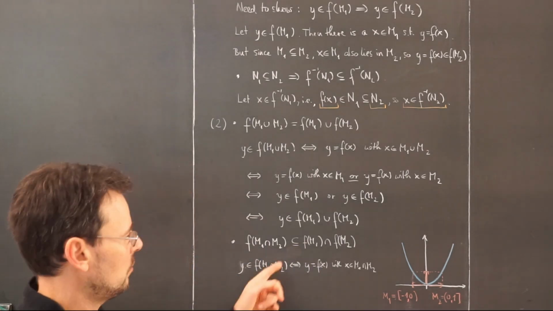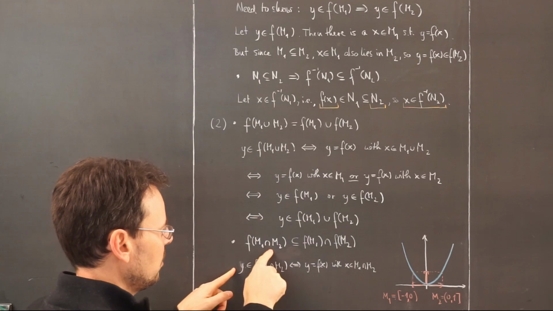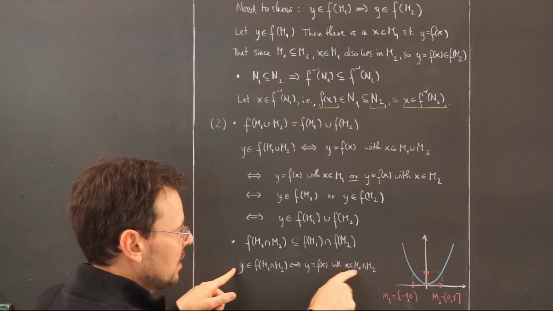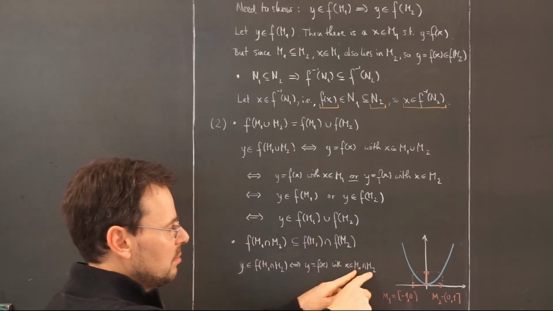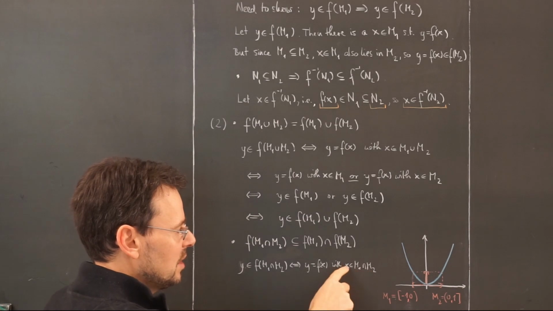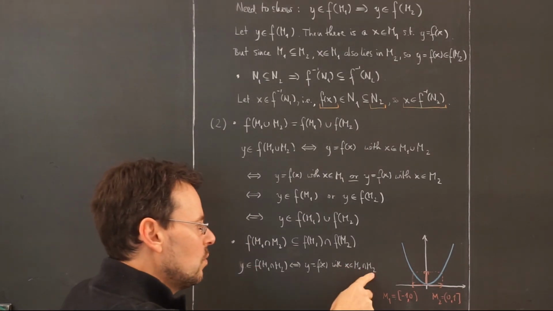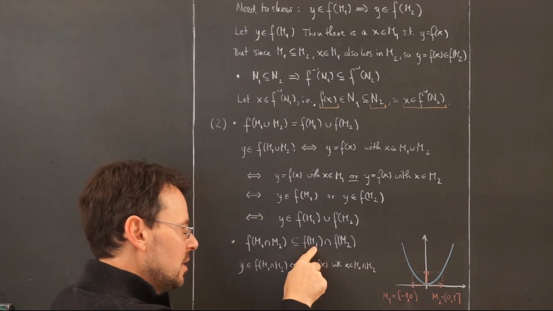Now for the quick proof of this inclusion here: if y is an element of this set, this means y can be written as f of x with x lying in the intersection. But what does it mean to lie in the intersection? It means that x lies in M1 and in M2. If it lies in M1, then y is an element of this.